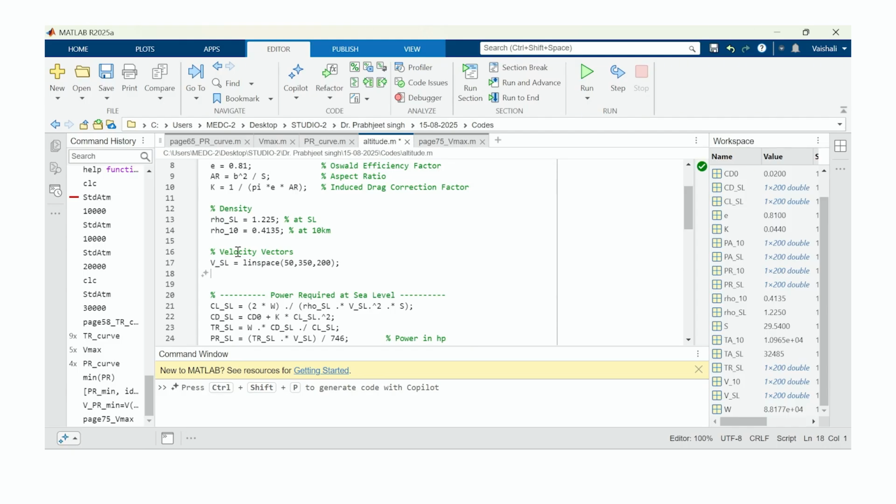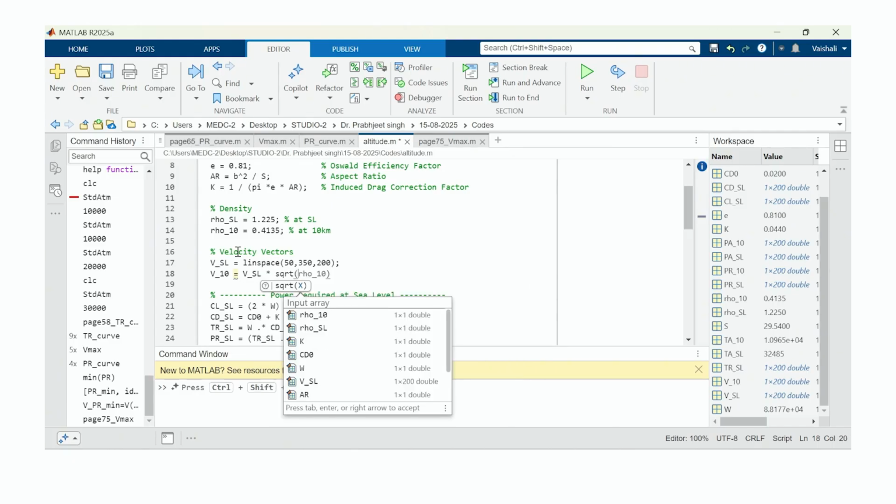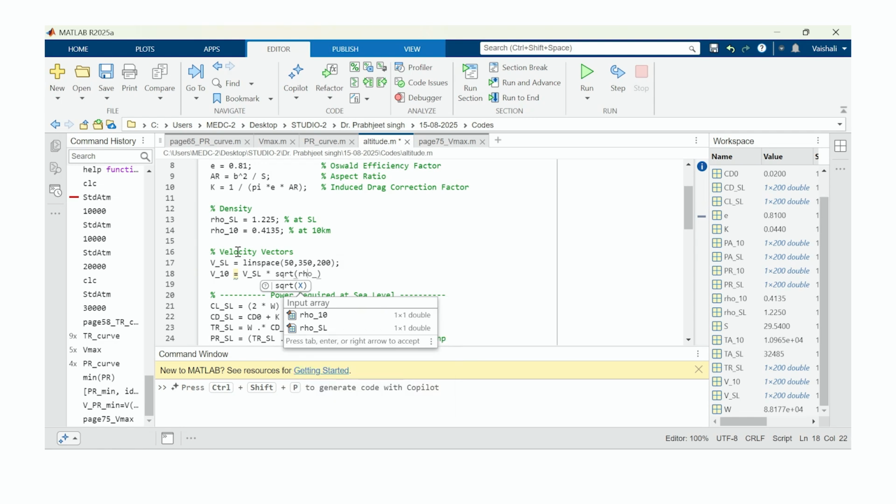Now as we already discussed, velocity at 10 kilometers will not be the same. So you have to mention here V_SL into square root of rho_SL divided by rho at 10 kilometers. So this is the velocity at 10 kilometers.